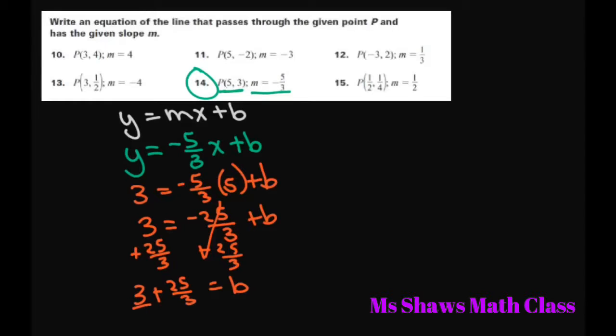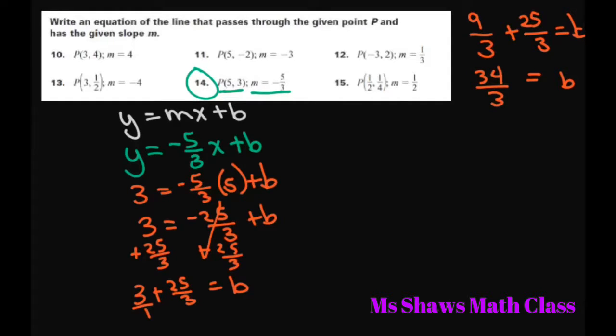Now, if you put that in fraction form, we need a common denominator. So that's going to be 9 divided by 3 plus 25 divided by 3 equals b. And so that's going to be 34 divided by 3.